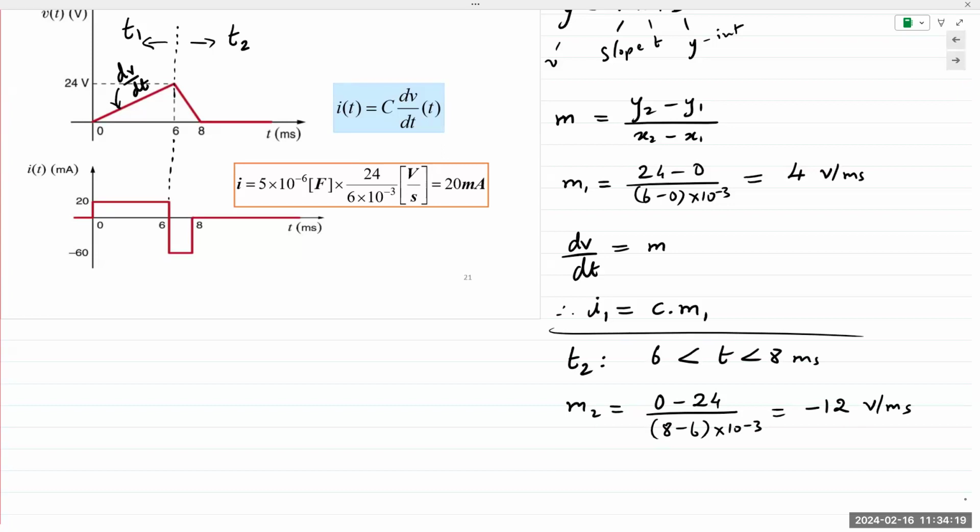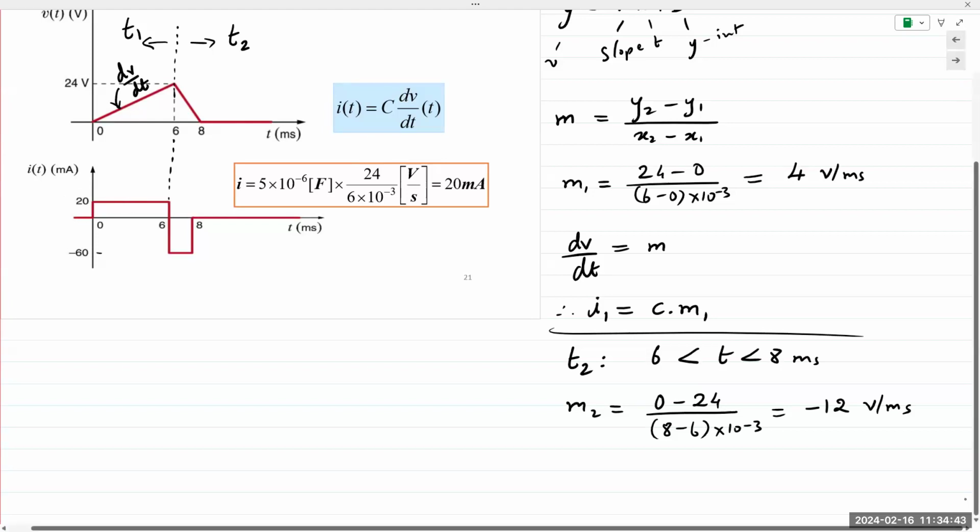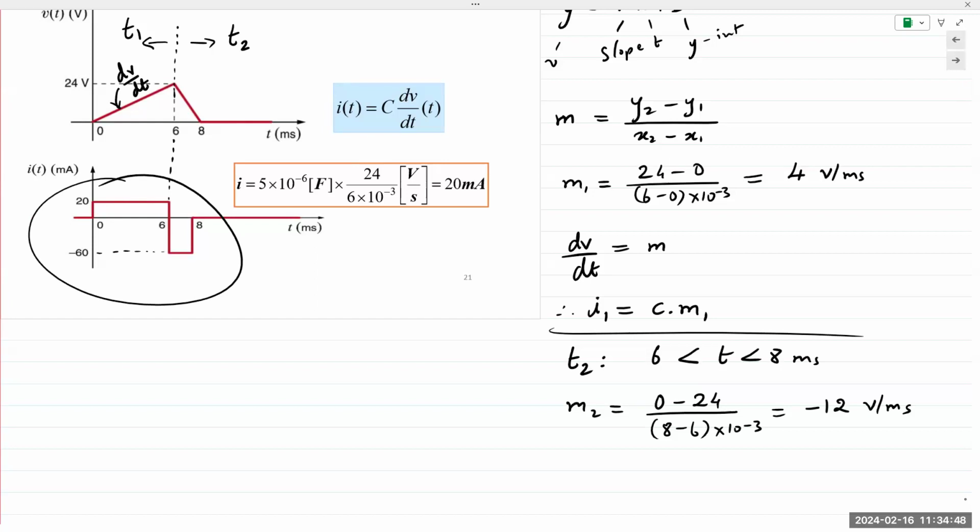Multiplied with the 5 microfarad capacitor, you obtain minus 12 times 5, minus 60. When you plot it, for the first time period you have plus 20, and then here you have minus 60.